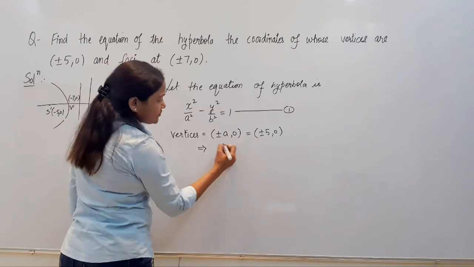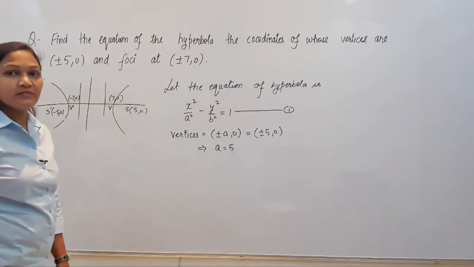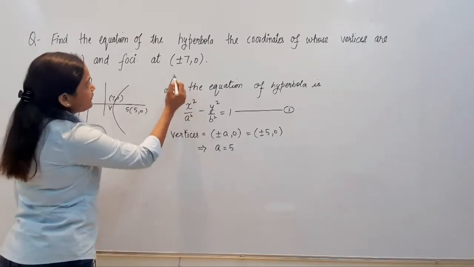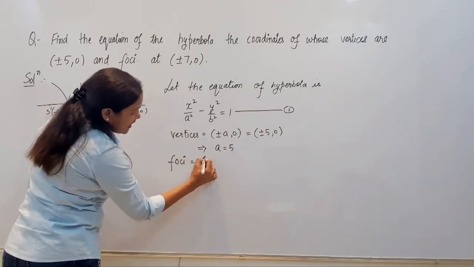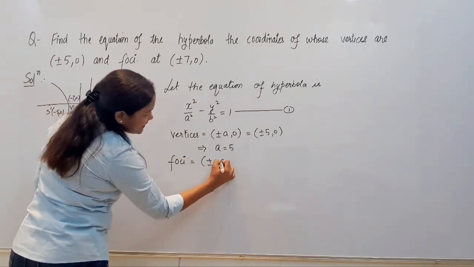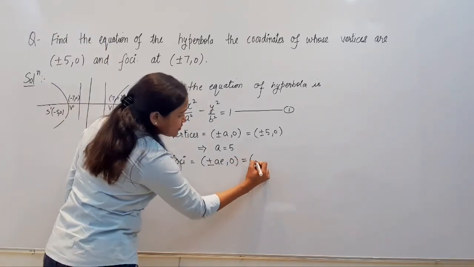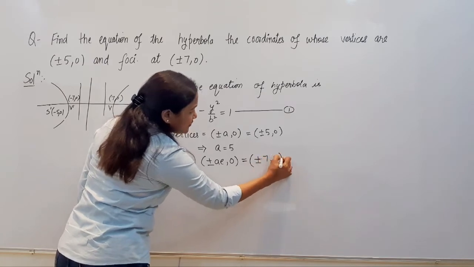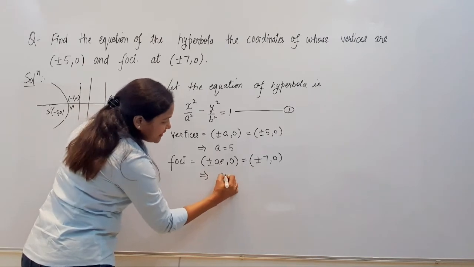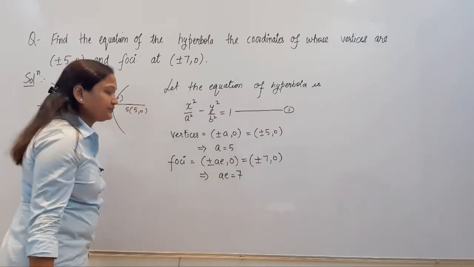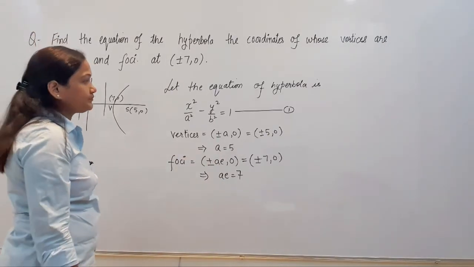So by comparing these two, your a will be 5. Next you are given foci, and the foci of this hyperbola are plus minus AE, 0, and according to the question they are equal to plus minus 7, 0. So by equating these two, your AE will become 7.